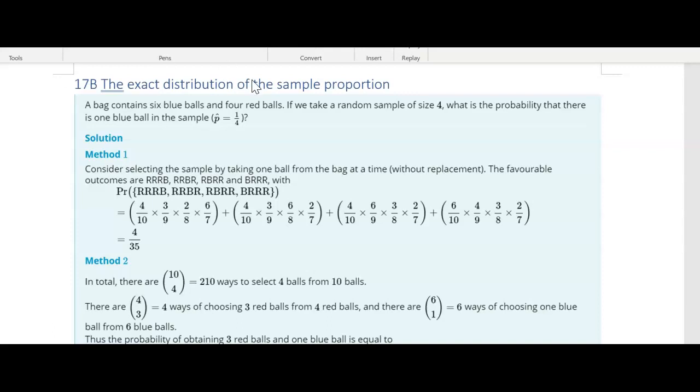In total there are 10 balls, but we're taking a sample of 4. Think of those balls in a bag and we're taking out 4. What is the probability that there is one blue ball in that sample? Basically we want the sample proportion to equal 1/4.